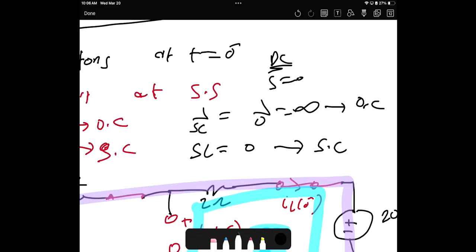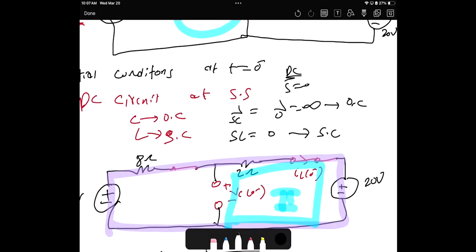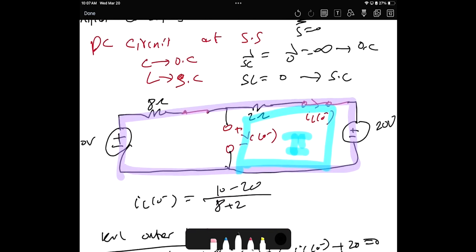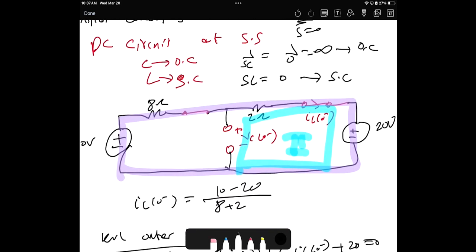Therefore, 1 over 0 will be infinity, so the capacitor is an open circuit, while the inductor SL means 0 times L, which makes it 0, which means it is a short circuit. Then after redrawing the circuit, we calculate the initial conditions for the voltage of the capacitor and the current of the inductor.